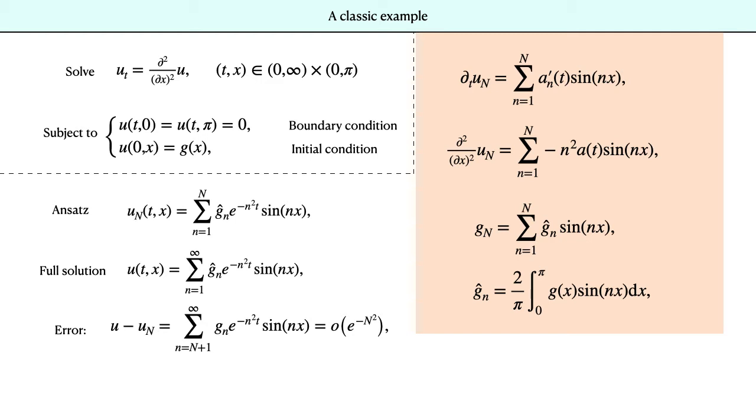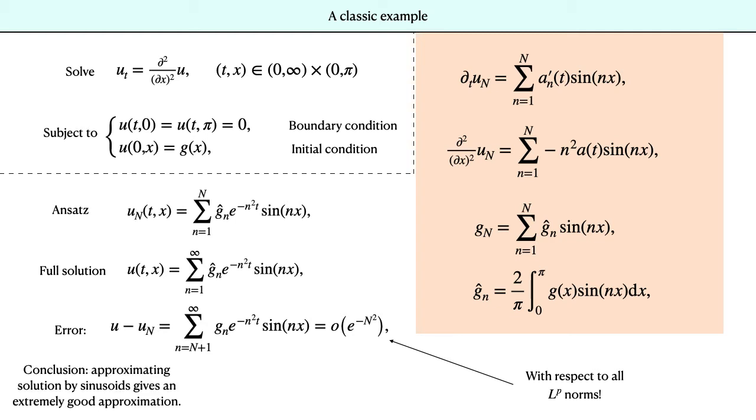So for times equal to epsilon, all of a sudden you get exponential decay of the error. And it's not just L2, it's L infinity as well.